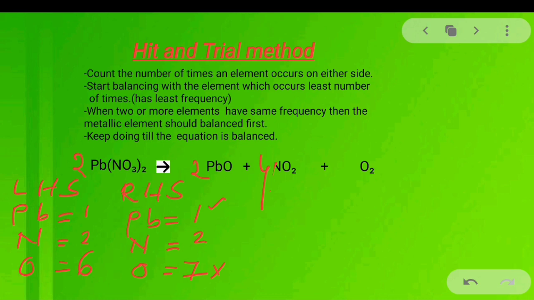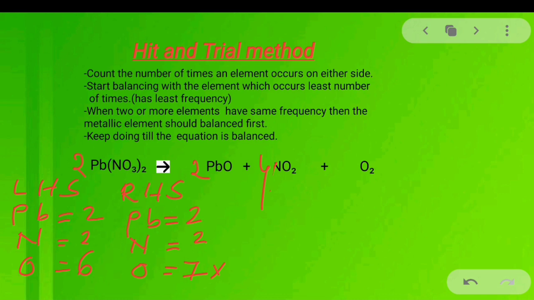Okay. Now let us check whether the equation is balanced or not. Now let us check the number of lead atoms present. The number of lead atoms has now become 2 on both sides: on the LHS it is 2 and on the RHS it is 2.